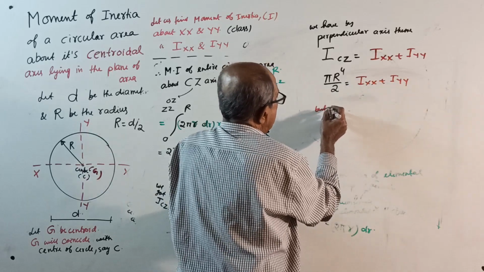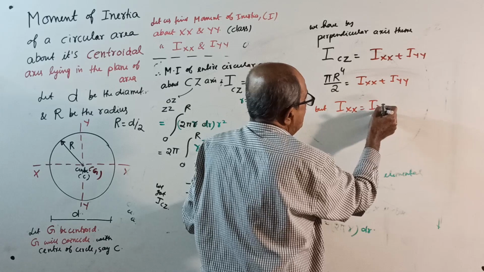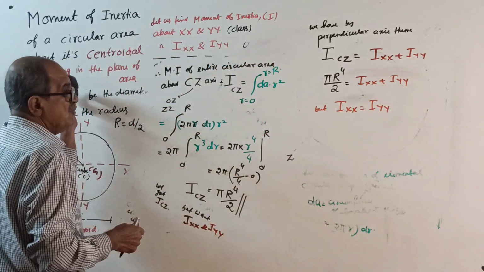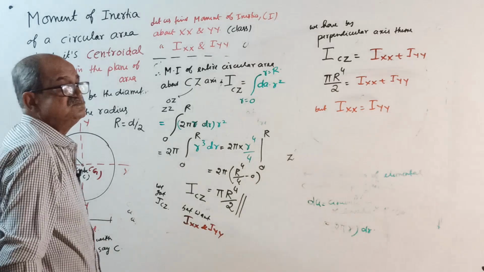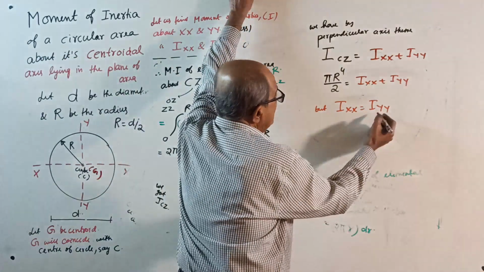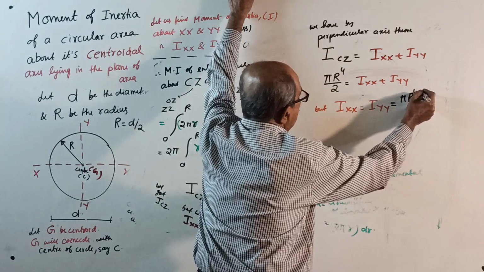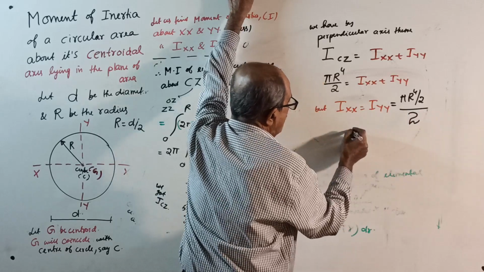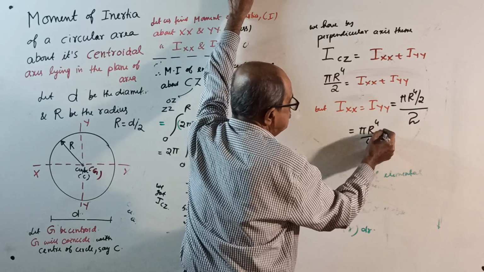We know that I about xx is equal to I about yy. Why? Circle. Whatever axes you consider, even if you take inclined ones, they are equal. So both are equal to pi r power 4 by 2 divided by 2, which is pi r power 4 by 4.